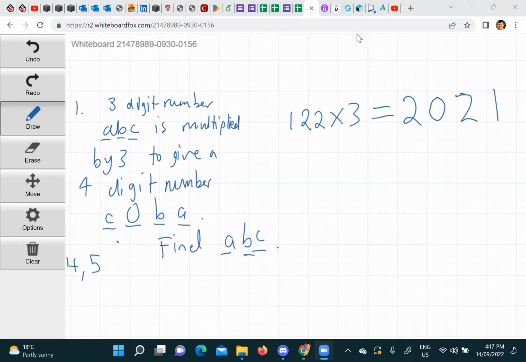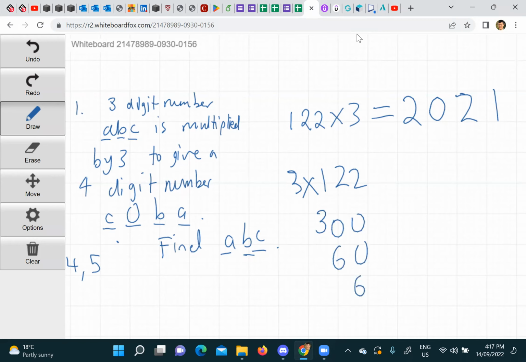Oh, no, I do. Okay, so let me ask you, what's 3 times 122? Do you know how to do that? 366. Yeah, so 3 times 122, so there's 3 hundreds, there's 3 twenties, and then there's 3 twos, yes?